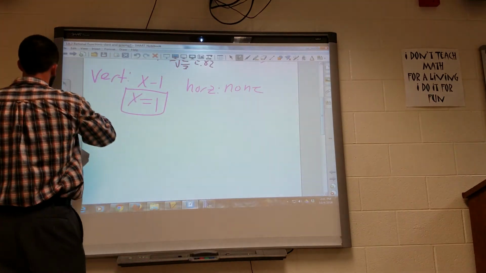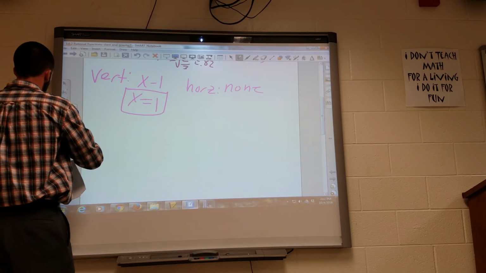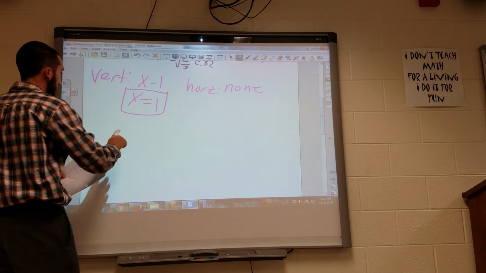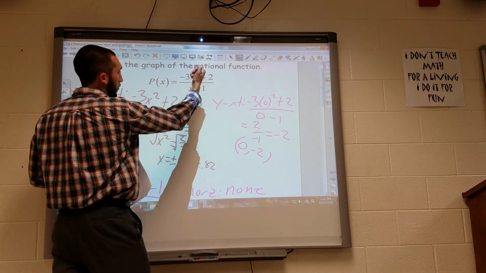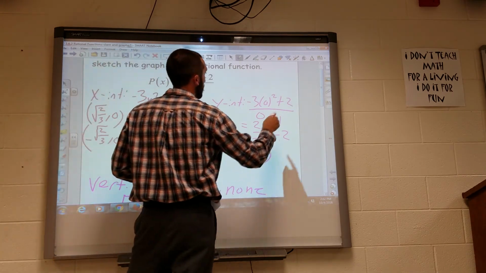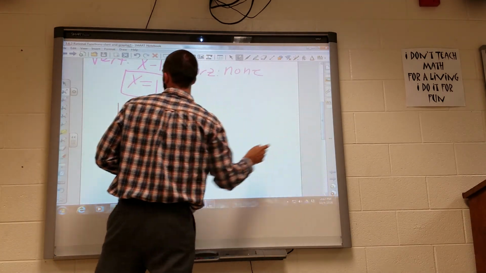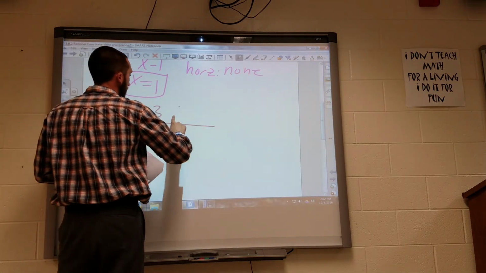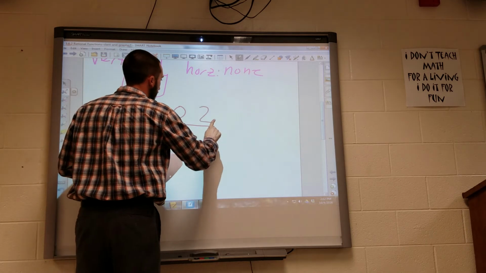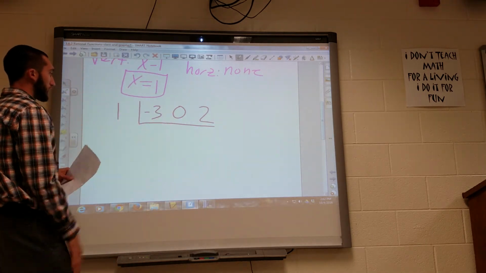So again, I use synthetic division. Synthetic division gives us 1 because we're dividing by x minus 1, so a 1 would make that 0, and then we plug in the values for the coefficients of my numerator. Being negative 3, I don't have an x term, I have a constant. So this should be a review.